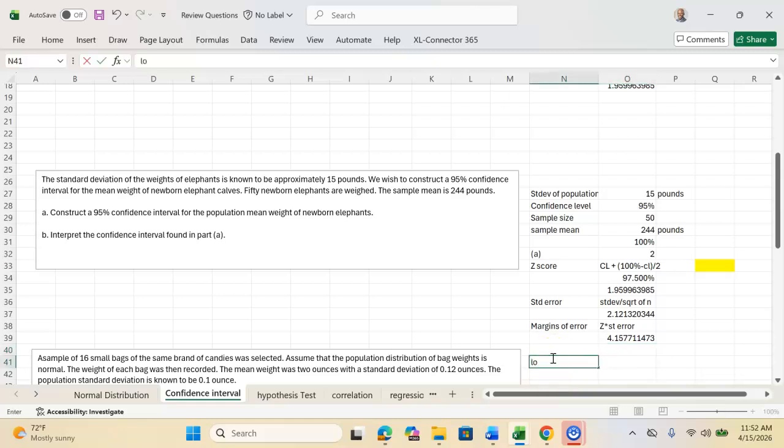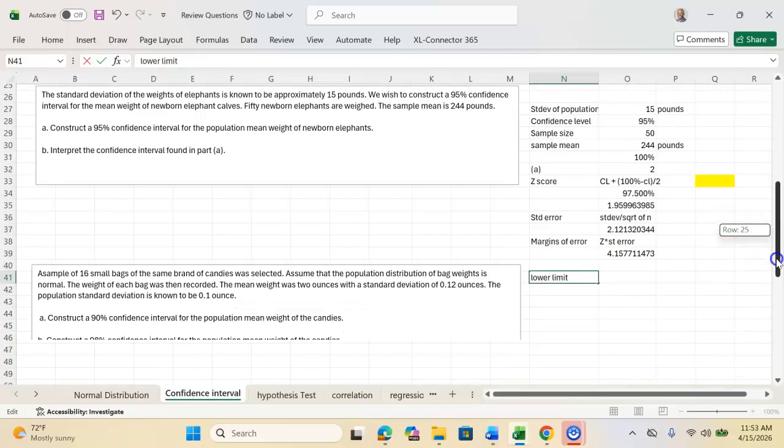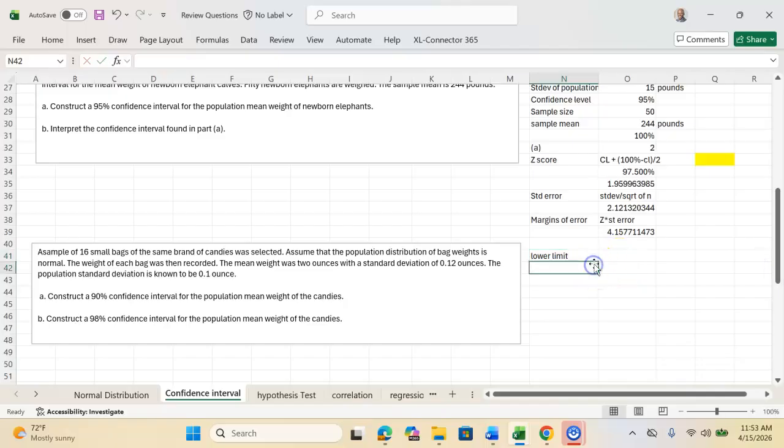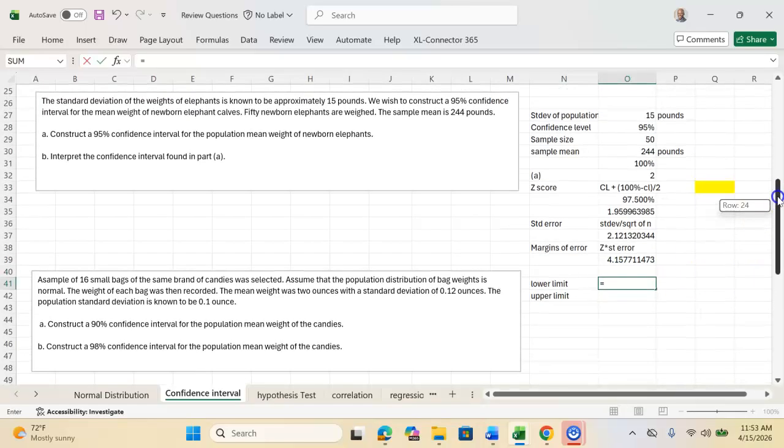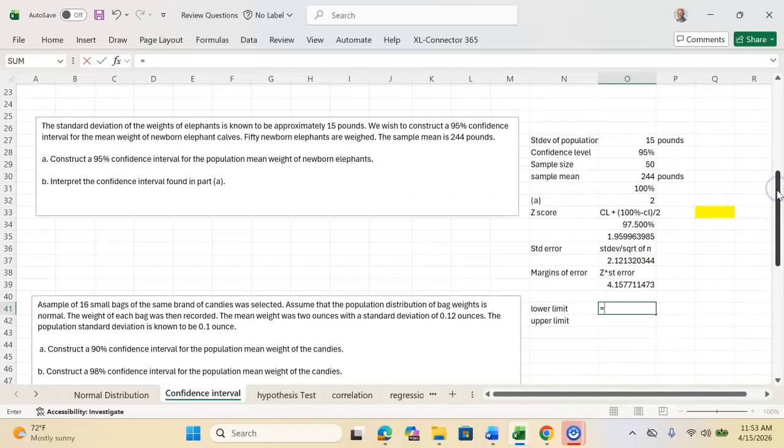So now we can find the lower limit and also the upper limit. For our lower limit, we put an equal sign, and we need to take the point estimate, which is the sample mean, 244, minus the margin of error.